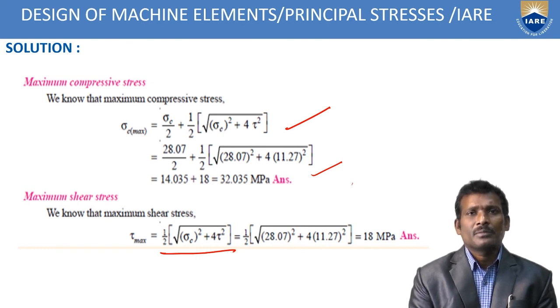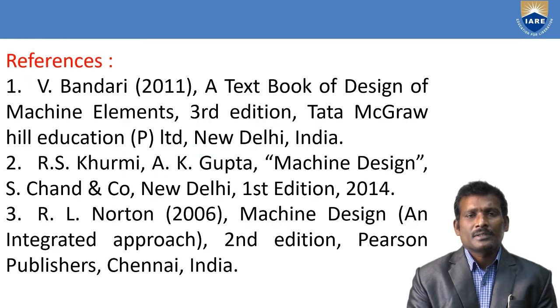So we will get the maximum shear stress and maximum compressive stress. Whenever the shaft or component is subjected to combined loads, we need to calculate like this. So these are the differences.